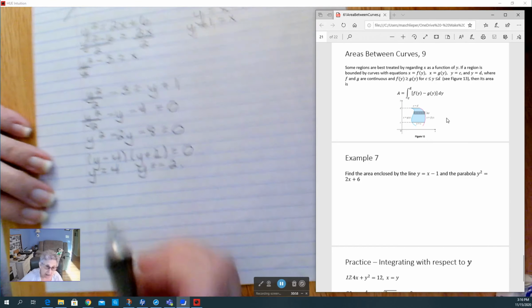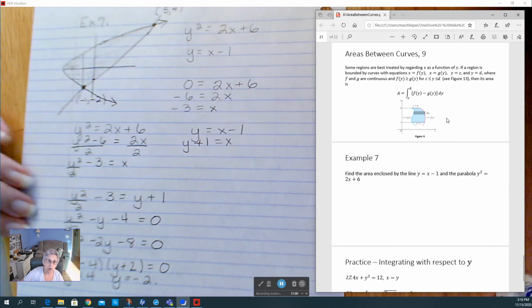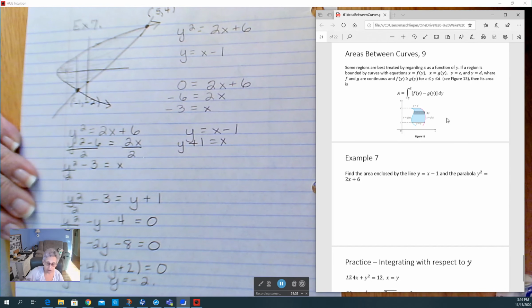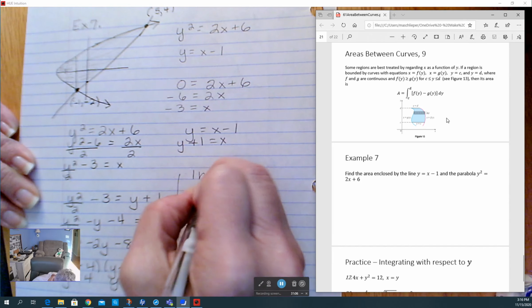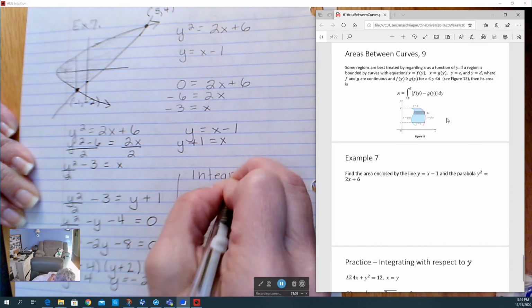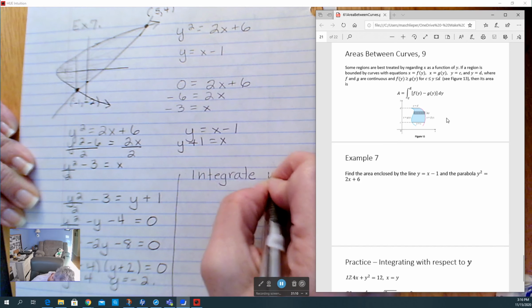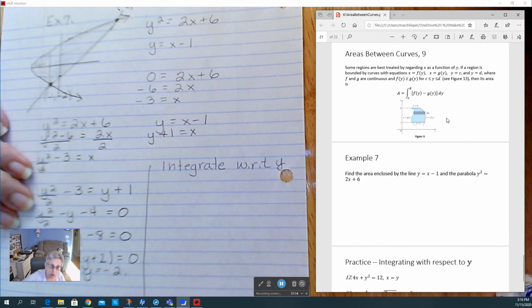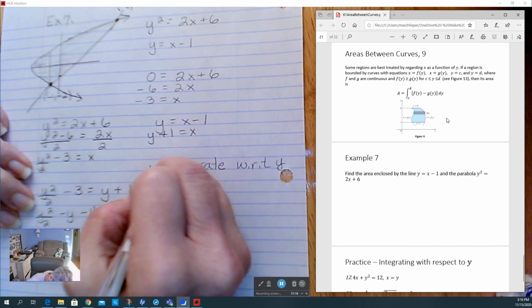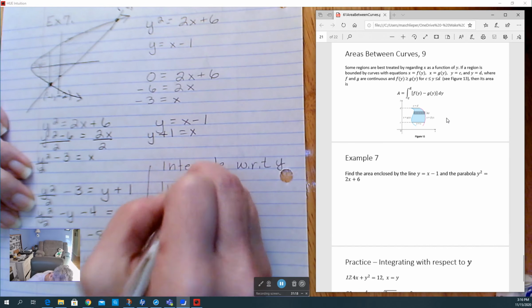But I'm integrating with respect to y, so my limits of integration come from y.